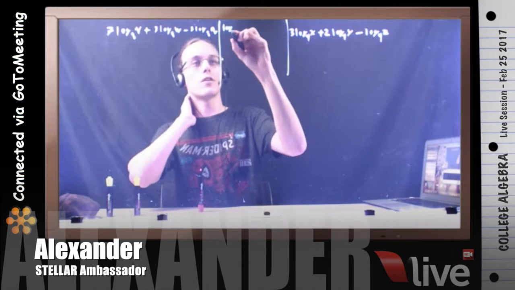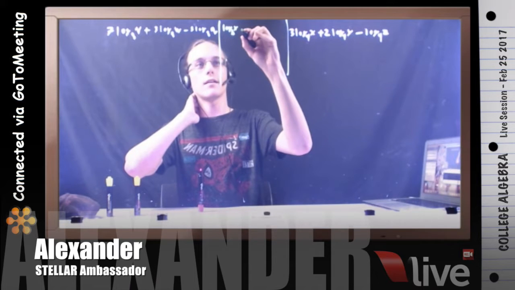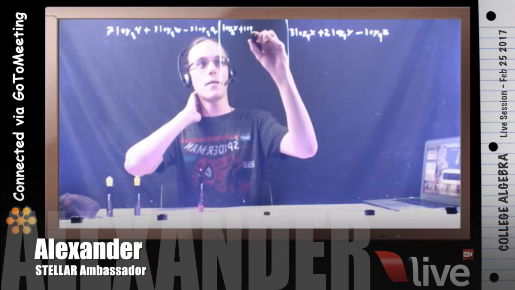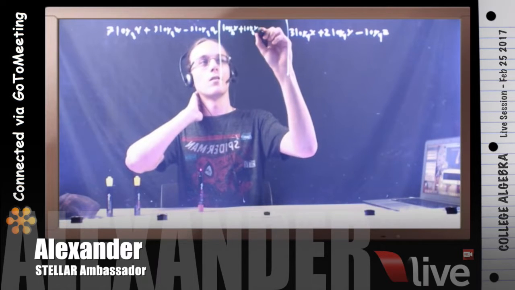So I'll say log base b of anything, plus log of that same base of anything. You can write this as log base b of the product of those arguments.